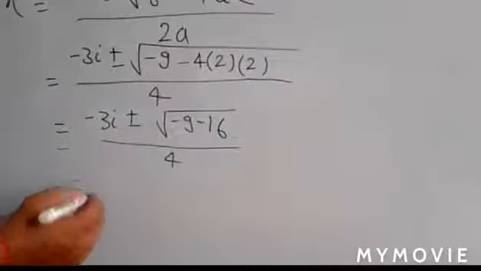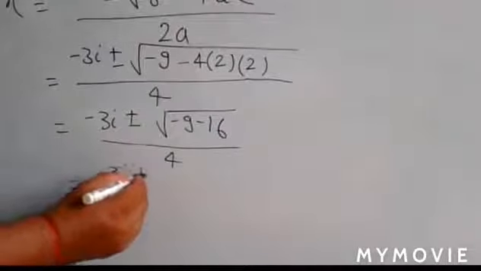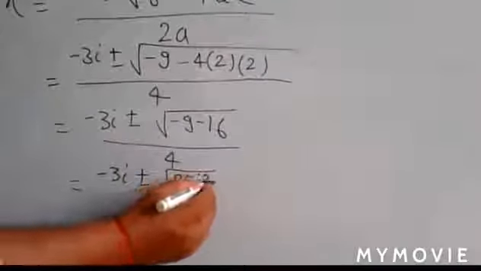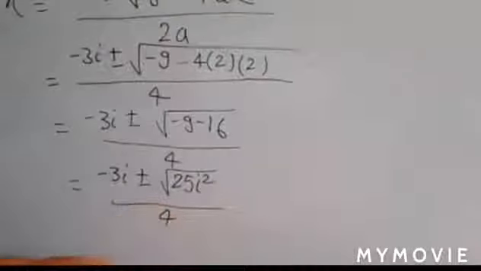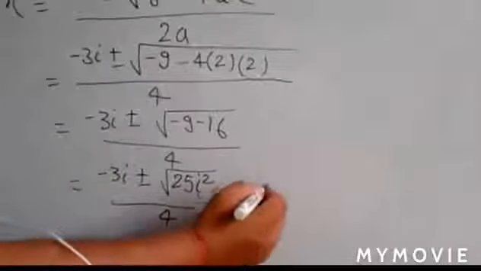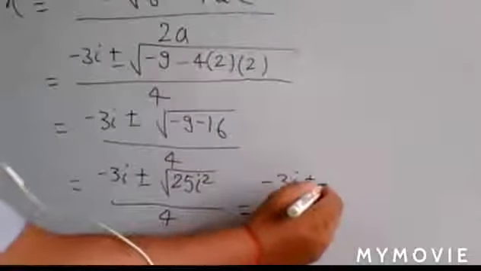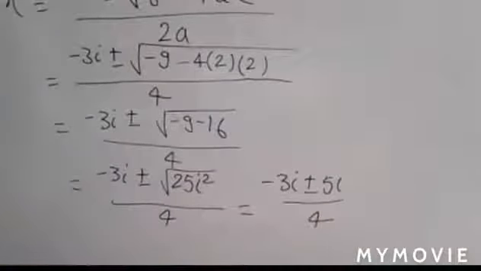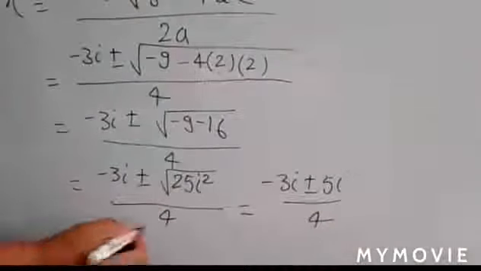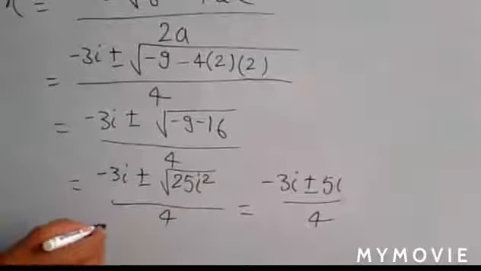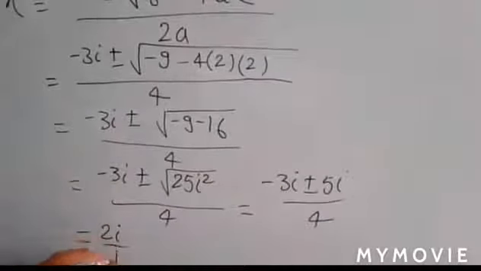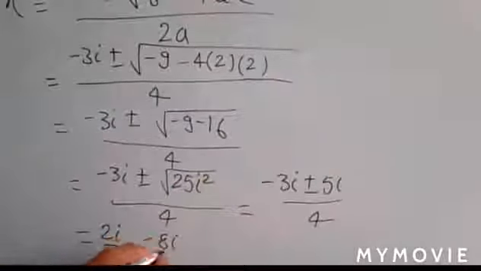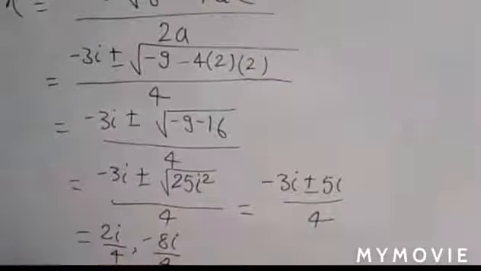So that is equal to minus 3i plus minus under root 25i square, whole divided by 4. So you have minus 3i plus minus 5i, whole divided by 4. Now, if you take its positive value, you have 2i, so your first solution is 2i by 4. And if you take the negative value, you have minus 8i by 4. So solve it.